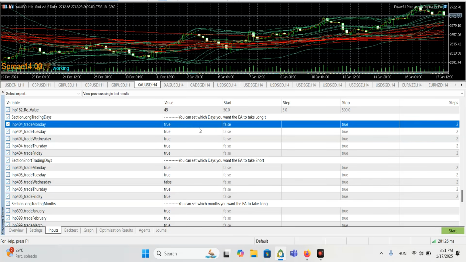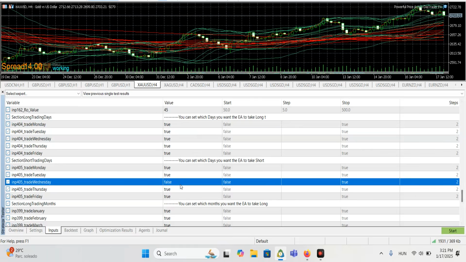So, for example, if it's all set to true, it can trade every day. But if, for example, for the short trades, Wednesday is set to false, it means on Wednesday the EA can't take short trades.